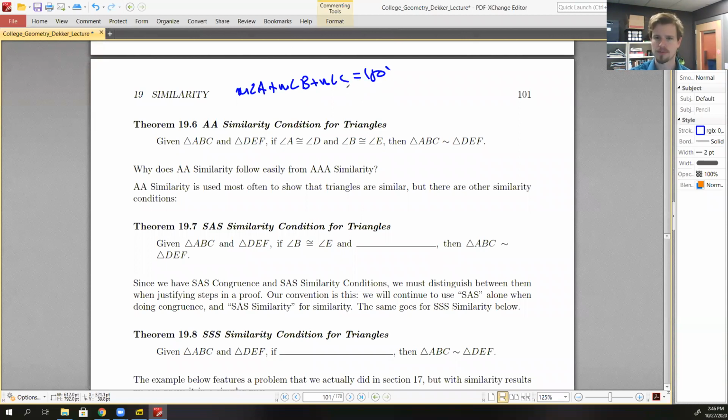I don't have any options for C. If A and B are given, then I know what C is too. And because of that, all I need for similarity is two congruent angles. So for triangles ABC and DEF, if we have two angles that are congruent, we immediately get that the triangles are similar. We don't need the third. If we wanted the third, we would just say, hey, look, they're equal to each other.